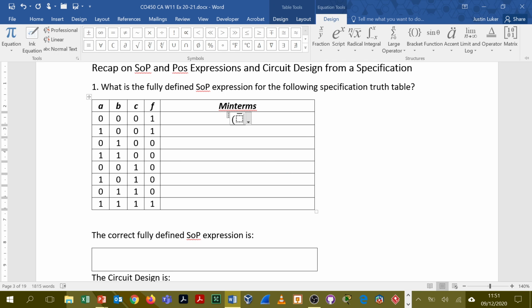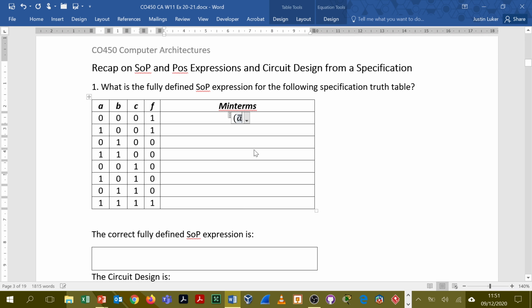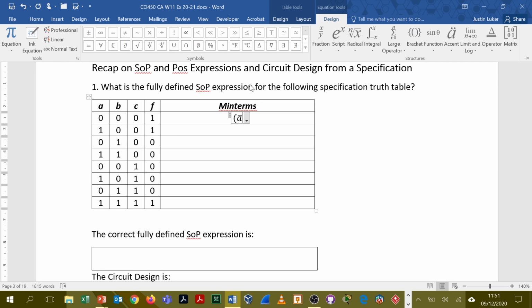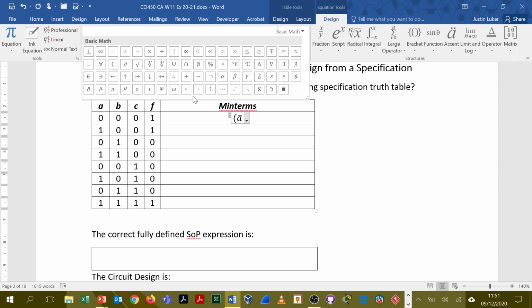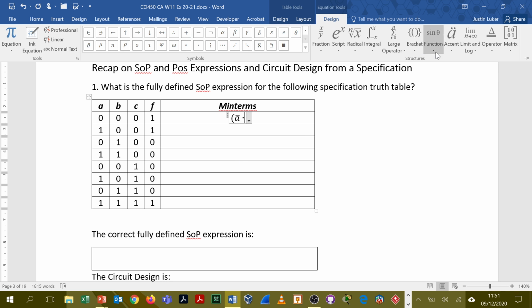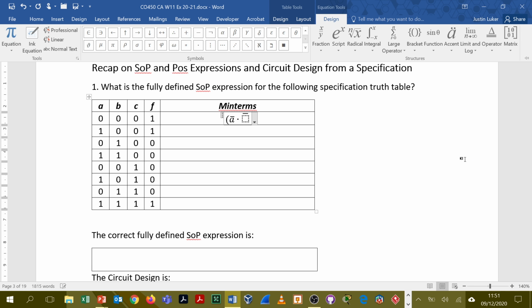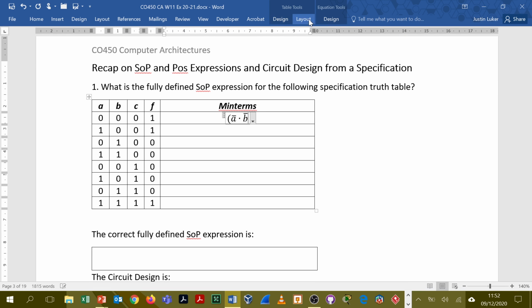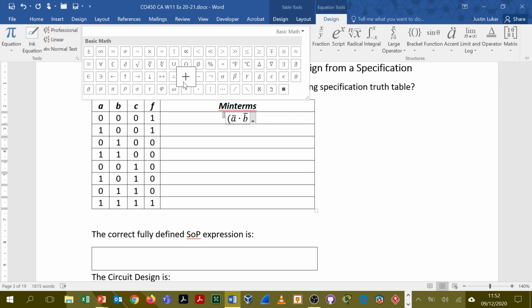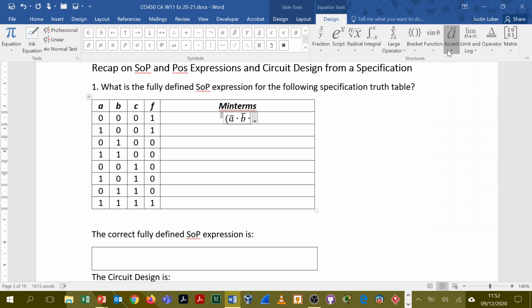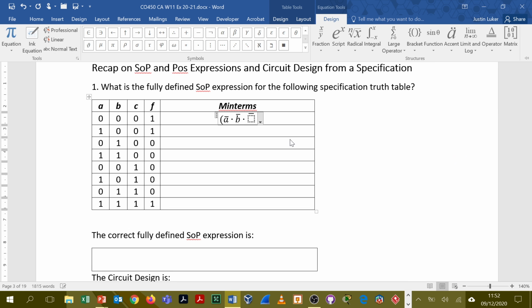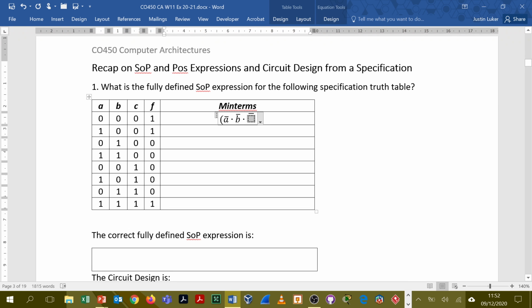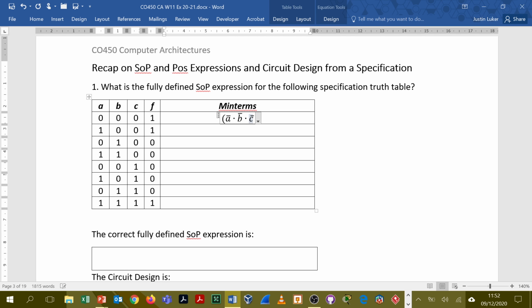Okay, right, so not A, and then an AND, a dot, not B, and then another AND, that one's not C. And then end the brackets there.